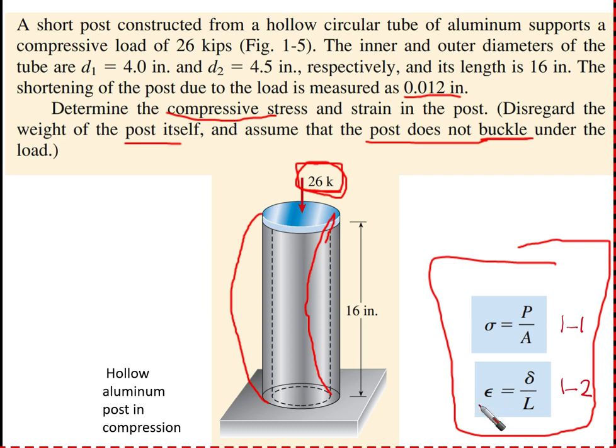And we have epsilon, the strain, which is the elongation or the shortening over L. So here we want to determine the compressive stress and strain. For the compressive stress, we need to know P. What is P here? Exactly, it is 26K.